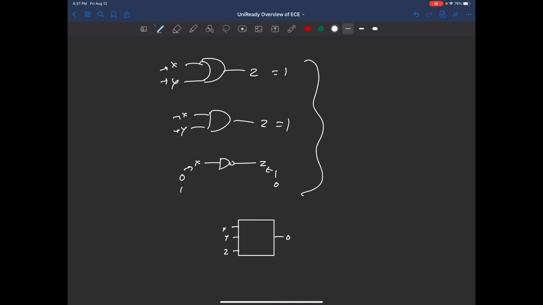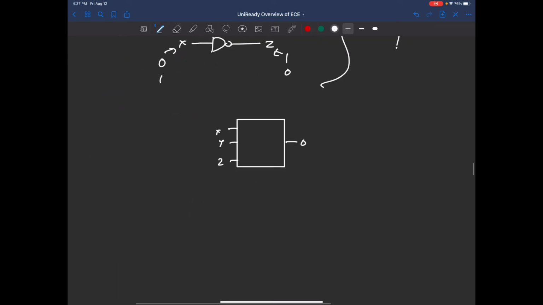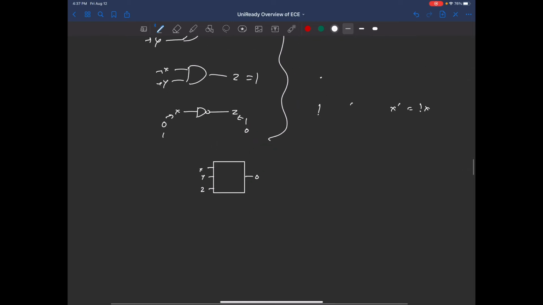So the OR gate, we usually use a plus. For an AND gate, we usually just use multiplication. And for a NOT gate, we usually use an exclamation mark, or you just have a prime. So if you have a variable X that's a binary variable, then adding a prime would mean not X, right?